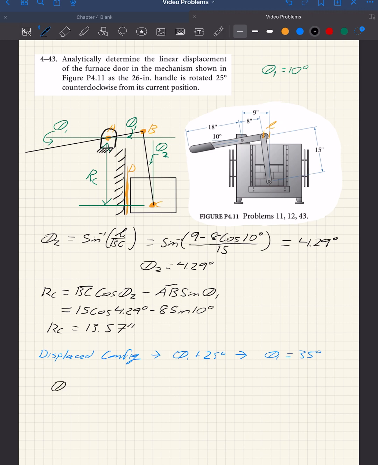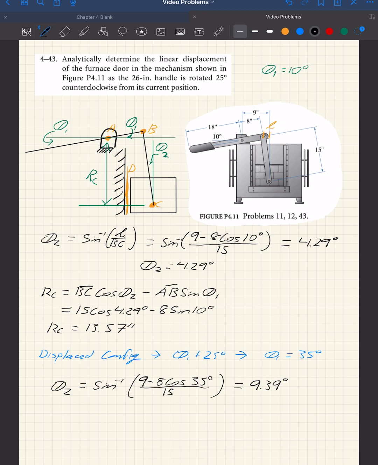So theta 2 is equal to the inverse sine of 9 minus 8 cosine 35 degrees this time over 15. And that gives us 9.39 degrees for theta 2.